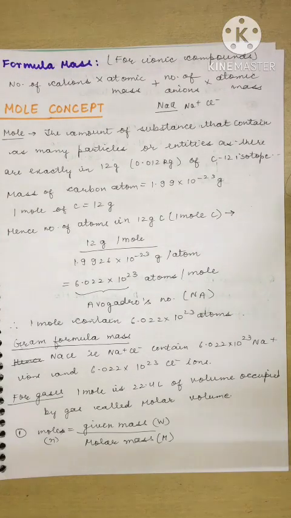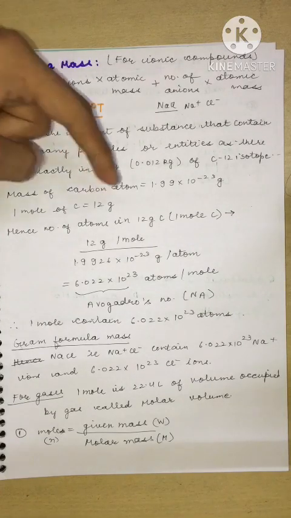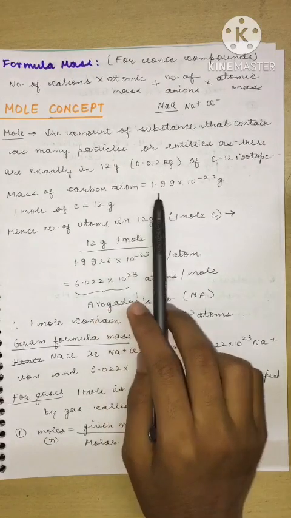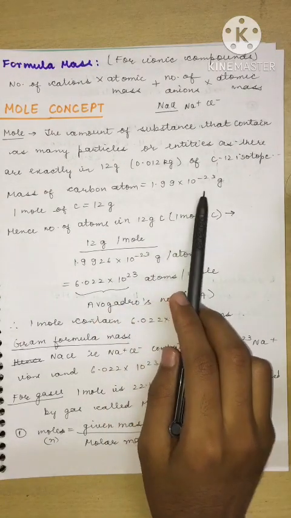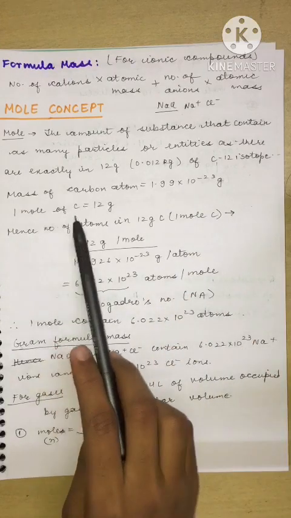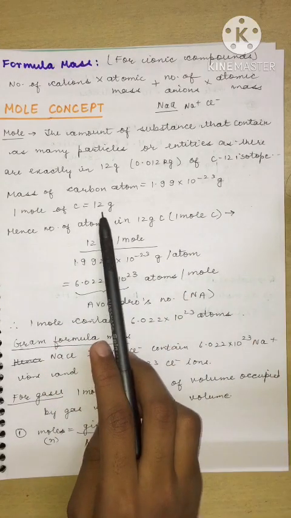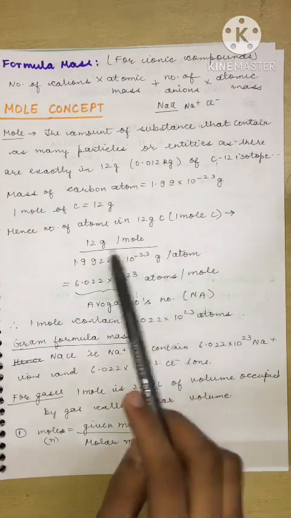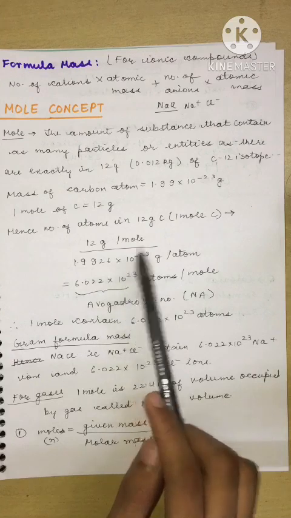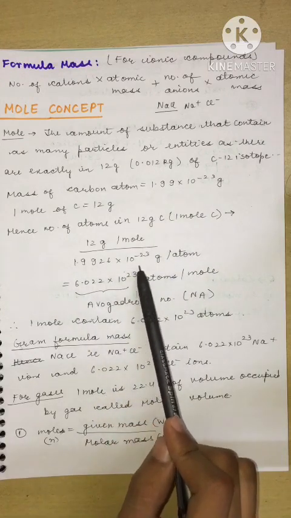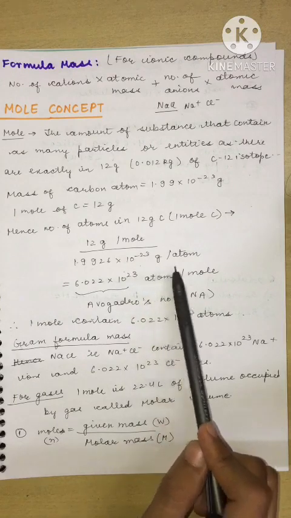Now we have to find out that what are the number of particles in 12 gram of C12 isotope. For that we should know that what is the mass of one carbon atom. It is 1.99 multiplied by 10 to the power minus 23 grams. 1 mole of carbon will contain 12 gram. Hence, number of atoms in 12 gram carbon will be how much? That is 12 gram per mole upon 1 atom mass, that is 1.9926 multiplied by 10 to the power minus 23 gram per atom.